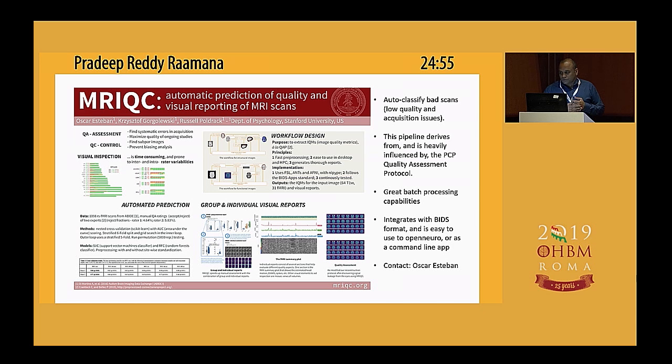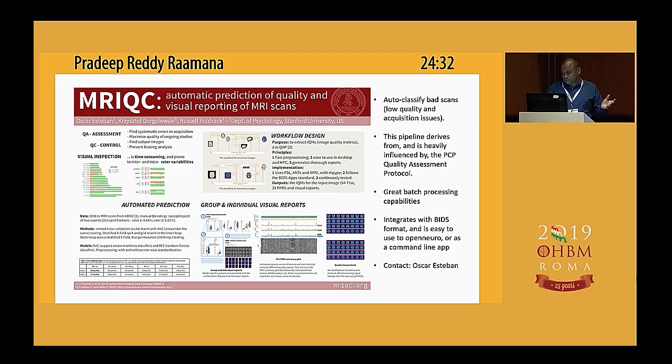So the next tool I want to quickly summarize is MRIQC, which is actually an excellent tool for various reasons. The primary purpose it's used for at this point is automatic classification of scans, either low quality or with acquisition issues, for T1 weighted MRI and fMRI.